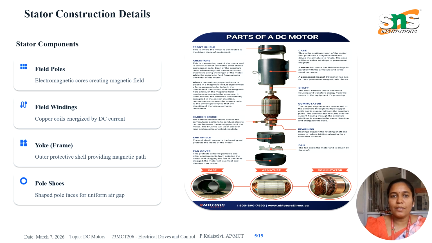When DC current flows, they create the magnetic flux. The yoke or frame is the outer frame of the motor, which provides mechanical protection and also the magnetic path for flux. And then pole shoes. These are shaped pole faces that ensure a uniform air gap between the stator and rotor. This improves the magnetic flux distribution.